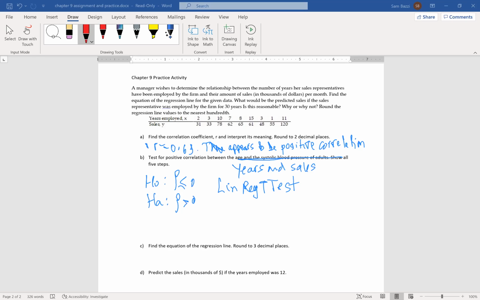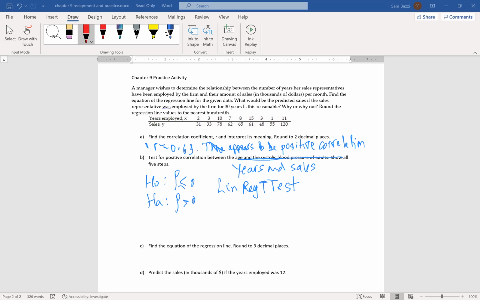I'm going to go to stat and then scroll up to linear regression t-test. My X list is L1. You don't have to put your lists in L1 and L2; you can put them in L3 and L4. It's up to you, but by default I go back to L1 and L2. Before you hit calculate, make sure to select greater than 0, and then hit calculate.